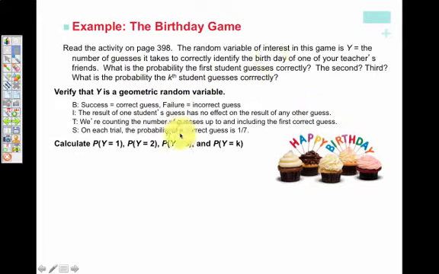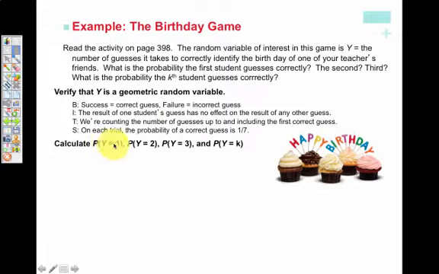We're switching to different friends of the teacher. T, we're counting the number of guesses up to and including the first success. So our trials are being counted. And S, the probability of a success, the probability of guessing correctly, is constant. It's 1/7. We have a 1/7 chance of guessing the right day.